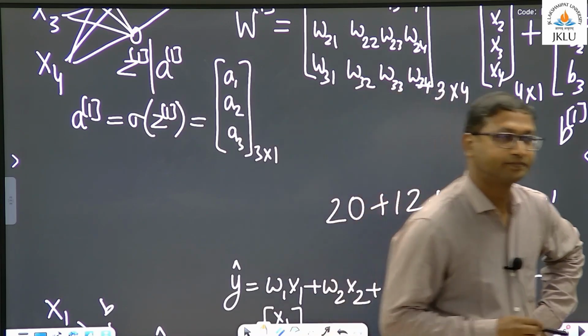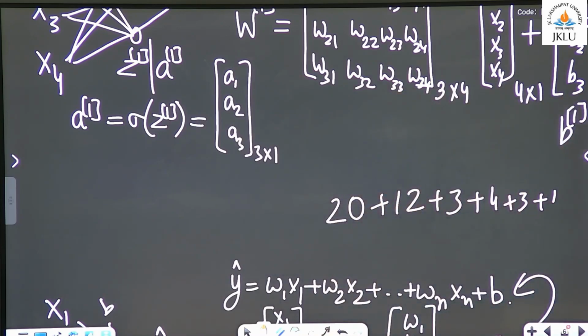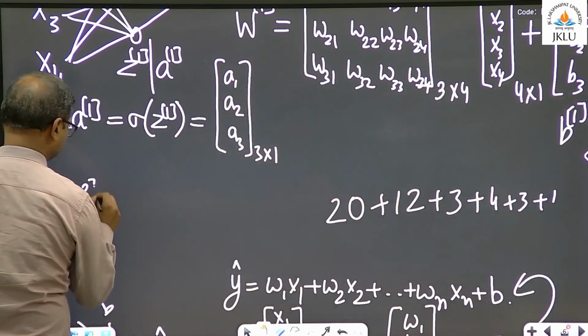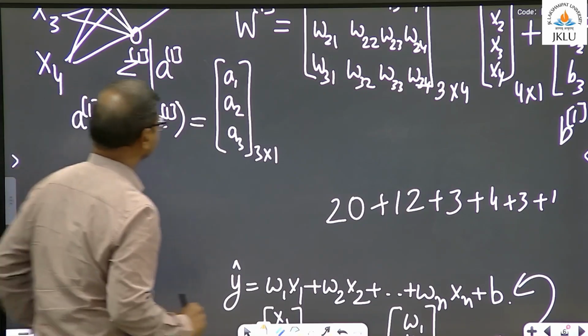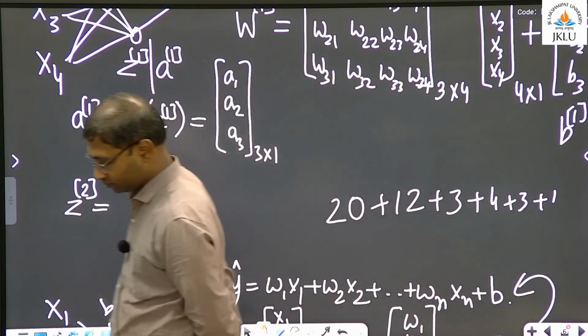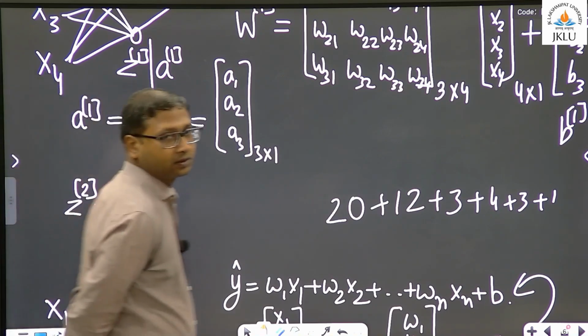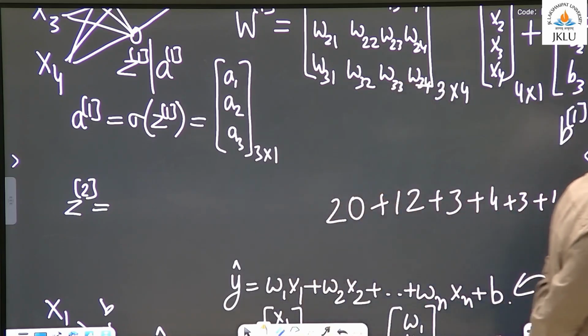Compute Y hat. Not Y hat, compute Z2 first. So, Z2. I am okay if you write equations right now, but I will very much prefer vectorized form.